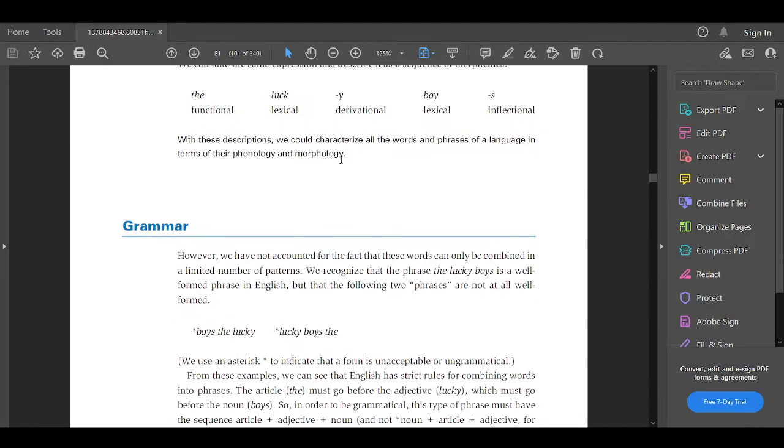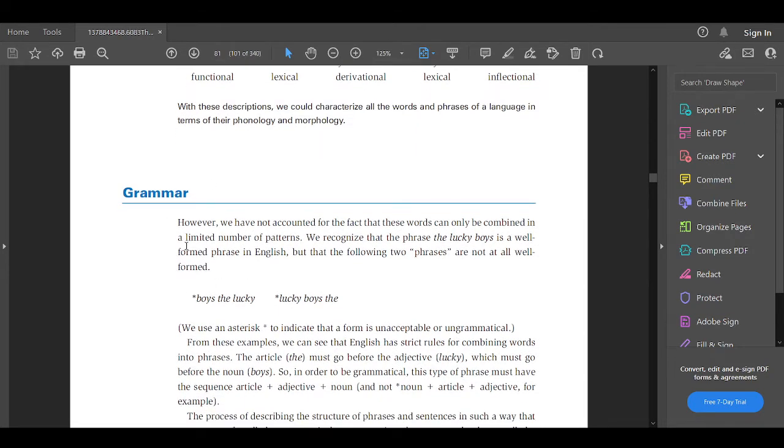When we go to grammar, how can we distinguish between the lucky boys and the incorrect version, or the correct sentence, which is the lucky boys? What makes this thing correct? Well, of course, the language users and the language itself, the grammar of this language.